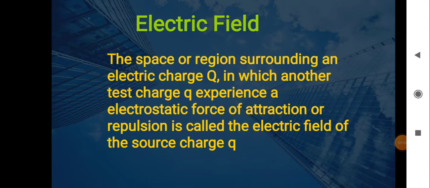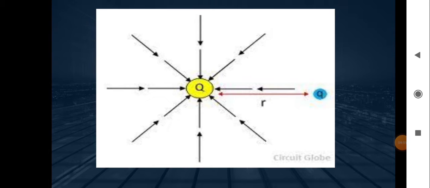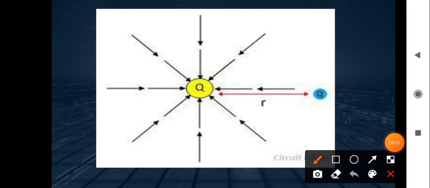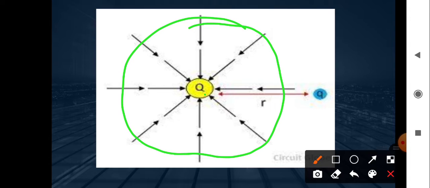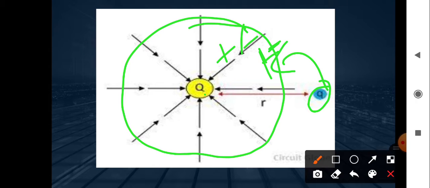Now look here, this source charge creates such a field because of the electrostatic force. And this force is tested by this small point charge. That means this charge tests this field of force, and the force in this region is attractive or repulsive.